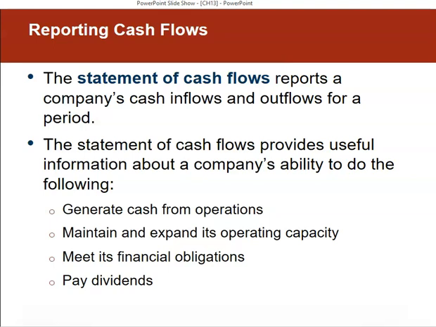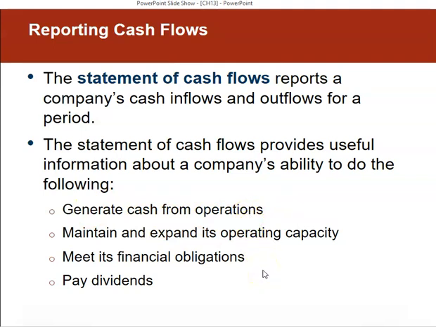It said the statement of cash flows reports a company's cash inflows and outflows for a period, and provides useful information about a company's ability to generate cash from operations. That just simply means doing what that business does. Whether we're talking about a merchandiser, a manufacturer, or service-related business, generating cash from operations is extremely important.